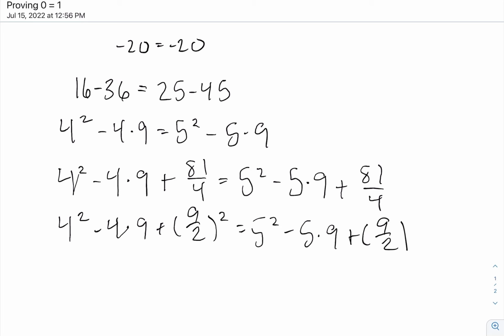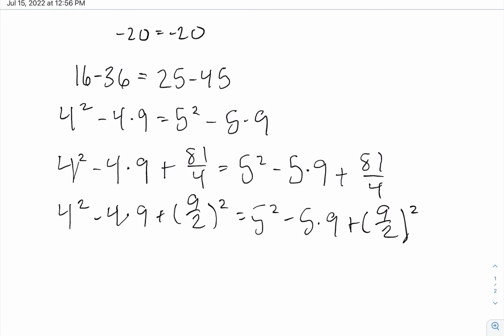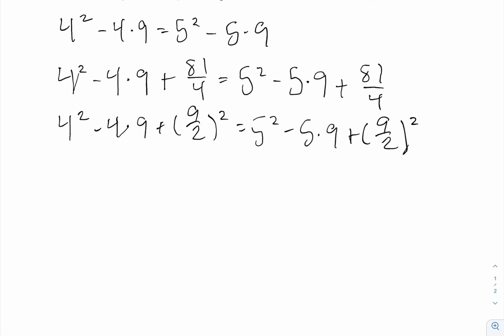9 over 2 squared. Now the next thing we're going to say is, well, because we completed the square, we can factor this so we get a square. So notice that this is the same as 4 minus 9 over 2 times 4 minus 9 over 2. Because if we were to expand all this out, we'd get 4 squared there.